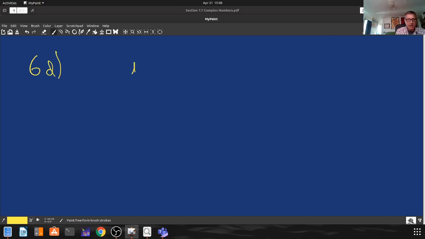But I to the minus 12. Well, what we want to do is multiply it by some form of 1. But remember, I to the 0th is equal to 1. I to the 4th is also equal to 1. I to the 8th is equal to 1. I to the 12th is equal to 1.